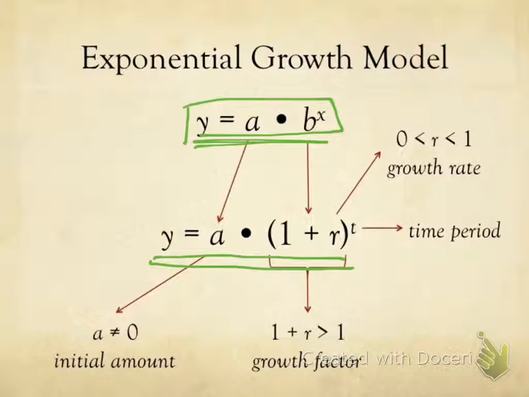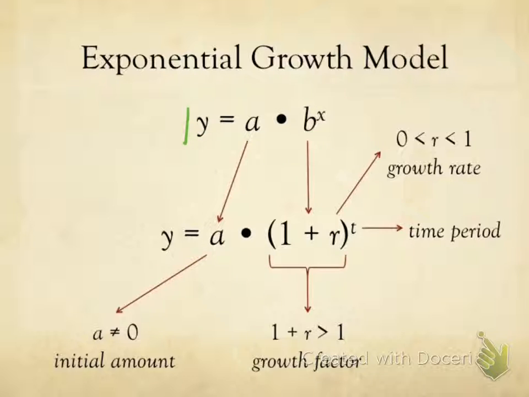So we still have our a value right here. And the a still represents the initial amount. So this is still whatever amount we're starting with before the time kicks in.